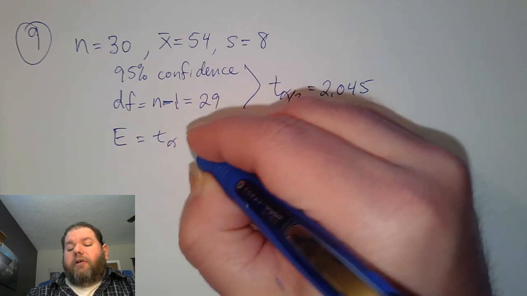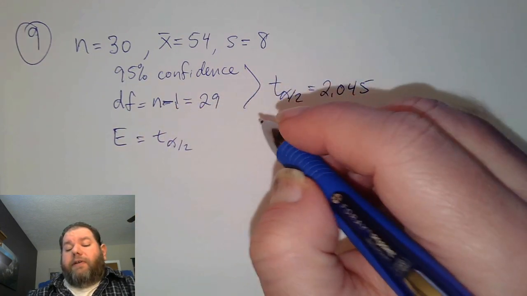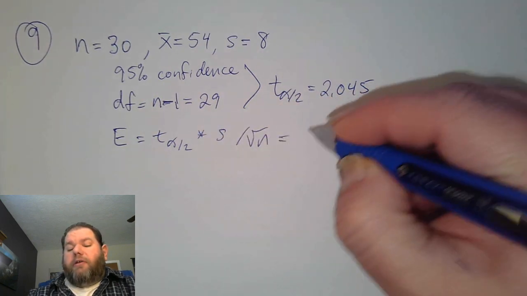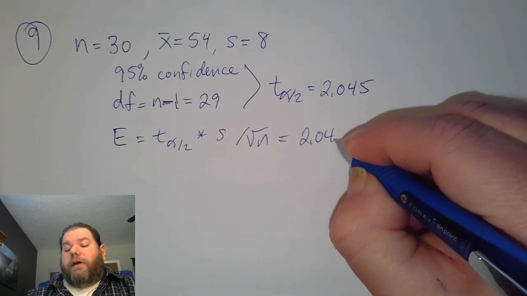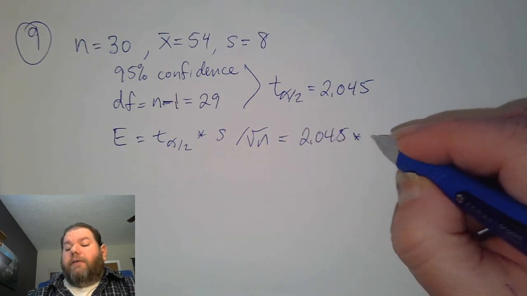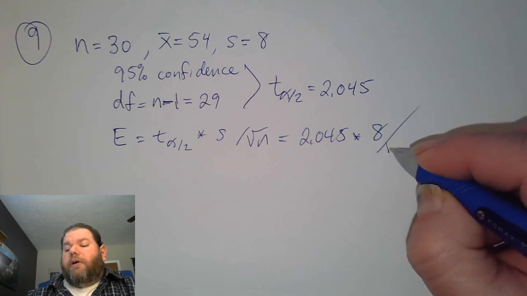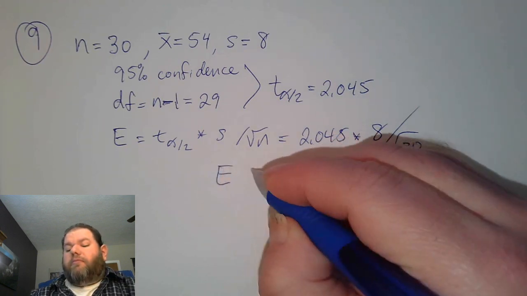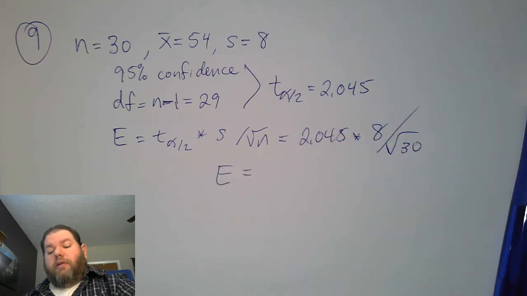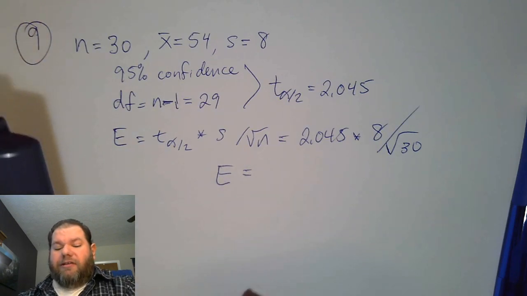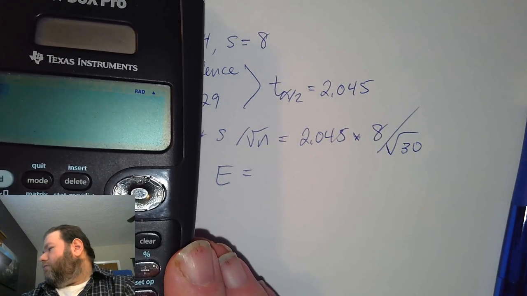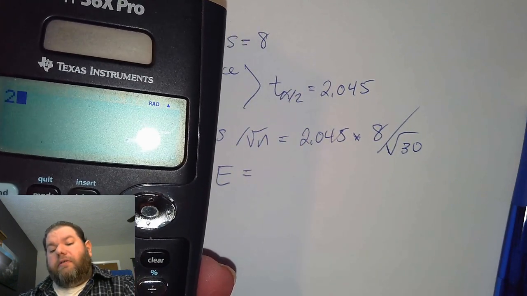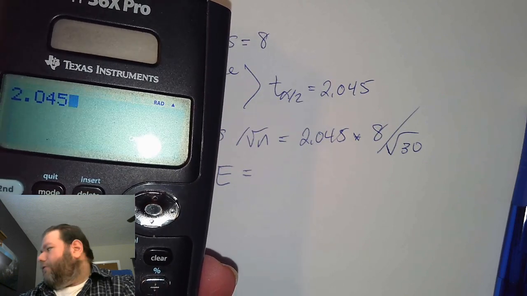Okay, so our error term, or margin of error, is t alpha over 2 times s divided by square root of n. So we use 2.045 times s is 8, divided by the square root of n, which is 30. Don't forget the 0.